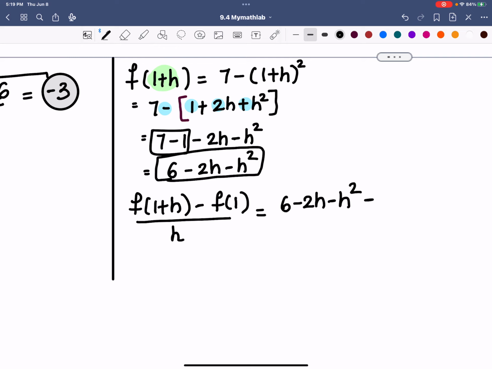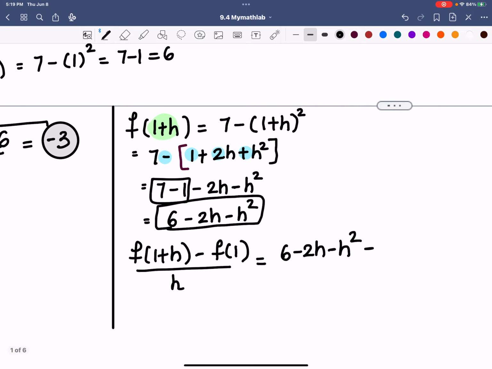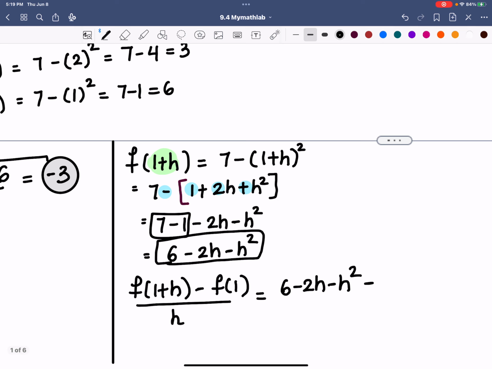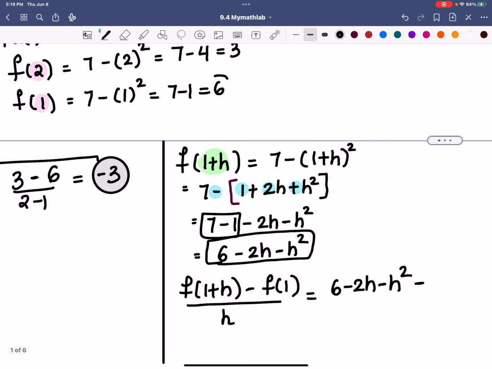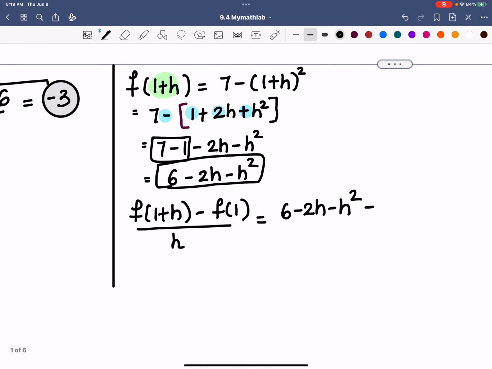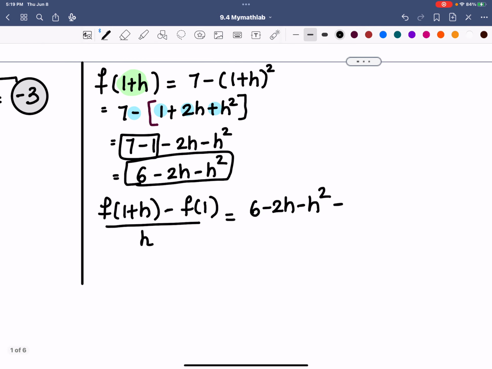We found out what f of 1 is, which is 6. It's right here. Always have your pen and paper with you when you're doing math, because it's easy to go back and see what the previous problems were. And then divide by h. Now look what happens. Positive 6, negative 6, boom, they cancel.